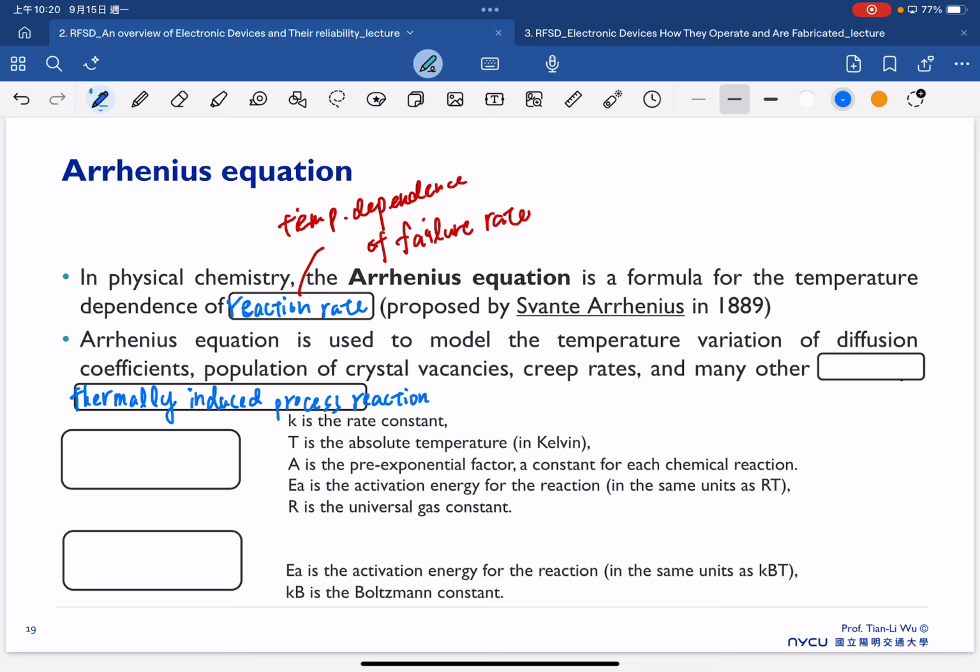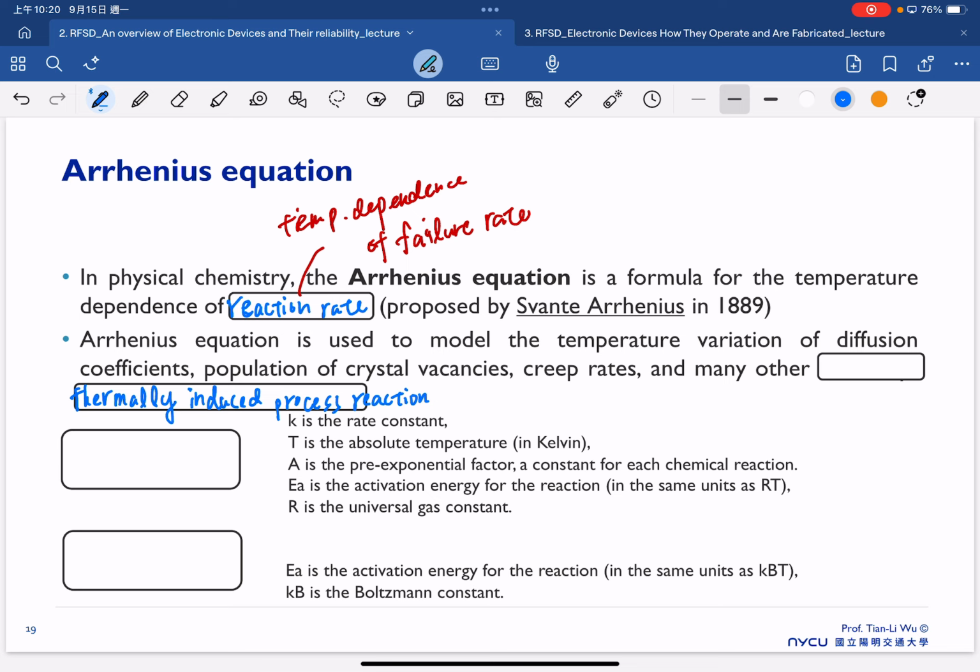So, as long as there is a temperature induced certain process reaction, certain degradation, we can always use this Arrhenius equation to model this temperature dependency.